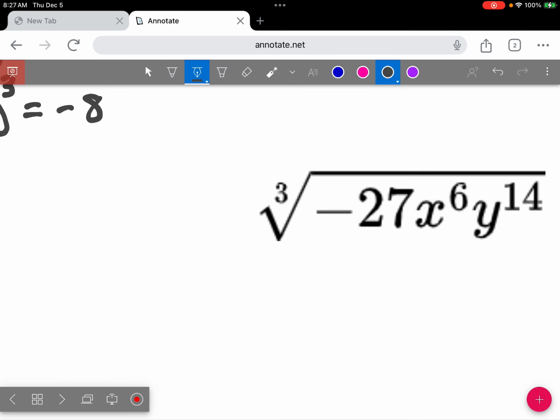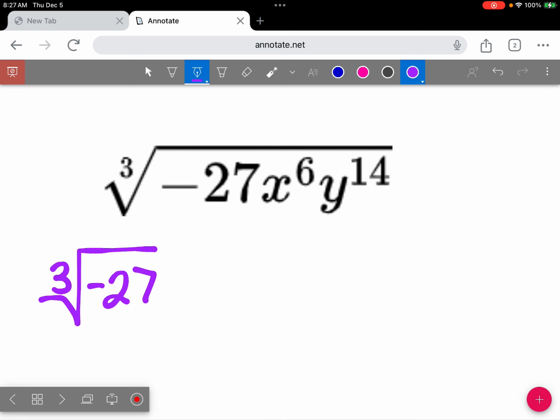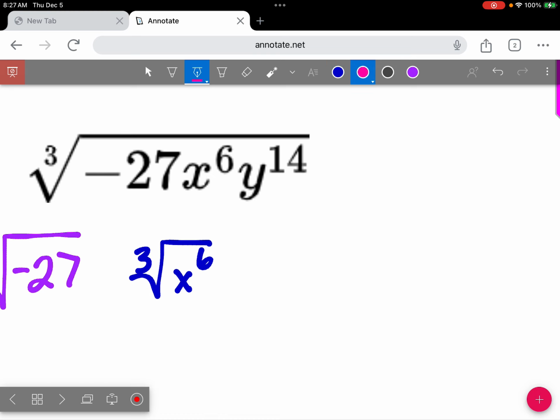So when we split this up, you can choose to either split this up like we did for i, where we have our negative 1 and our 27 separate. But since it's an odd number here as our index, we can keep them together. So we're going to have our cube root of negative 27, our cube root of x to the 6th, and our cube root of y to the 14th.